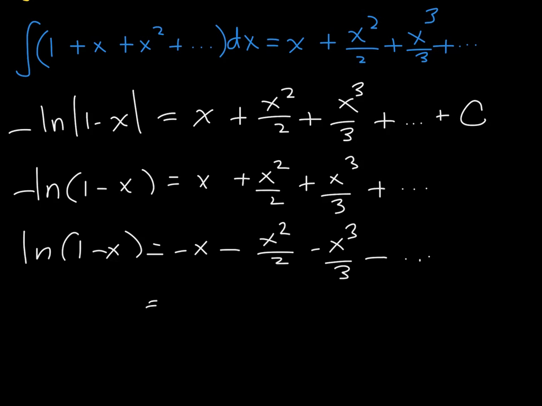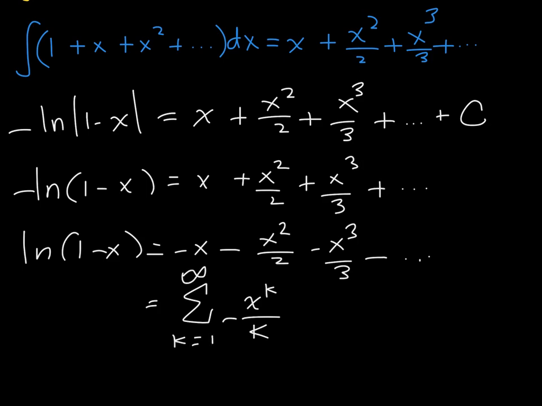Notice that every single term is negative. So it is the summation of x to the power of k over k, but every single term is negative, no matter what. So I can just put a negative sign out here as k goes from 1 to infinity.